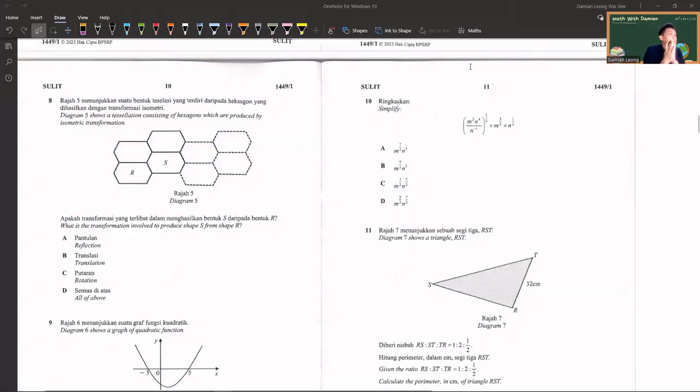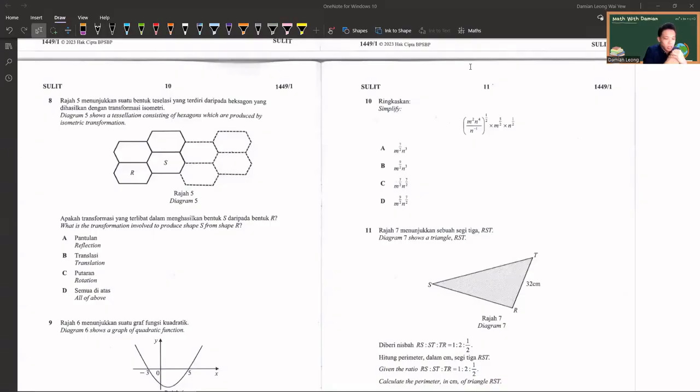So question 8. Rajah 5 menunjukkan suatu bentuk tesselasi yang terdiri daripada heksagon yang dihasilkan dengan transformasi isometri. Apakah transformasi yang terlibat dalam menghasilkan bentuk S daripada bentuk R? So, we look at S and R, the orientation.